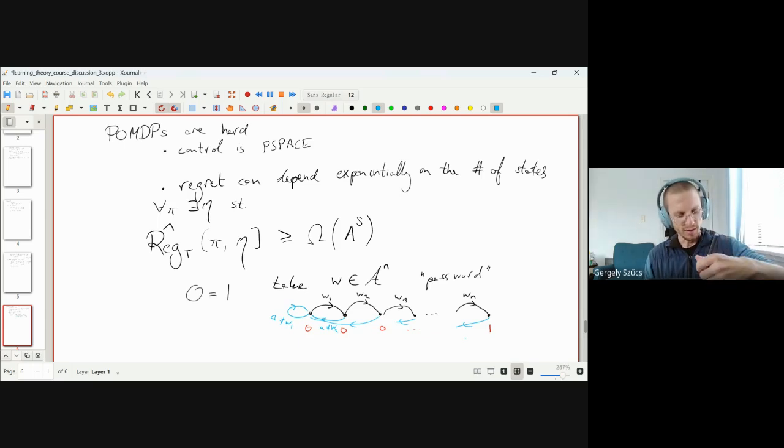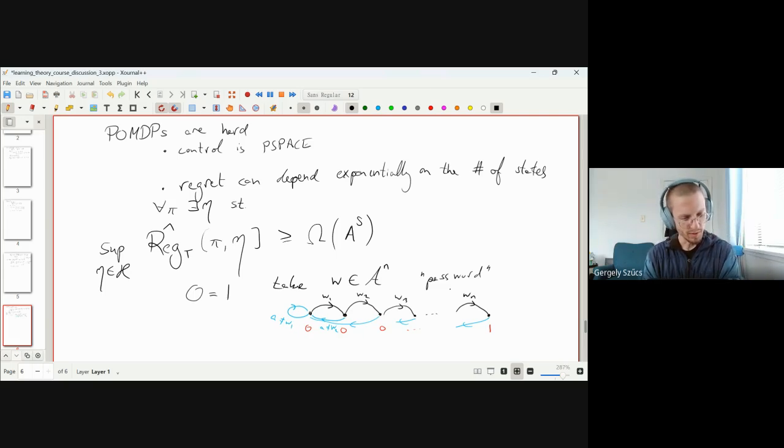Yeah, okay, so what I meant here is the supremum over this hypothesis class of the regret is something on the order of the number of passwords here.